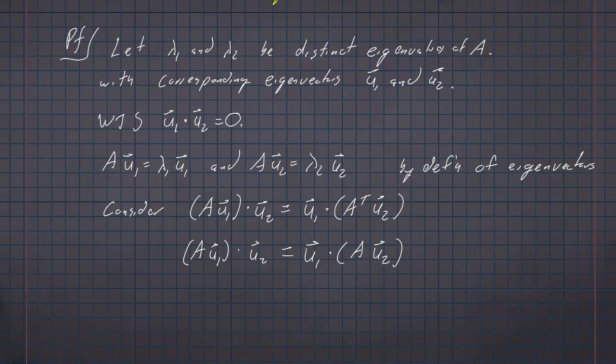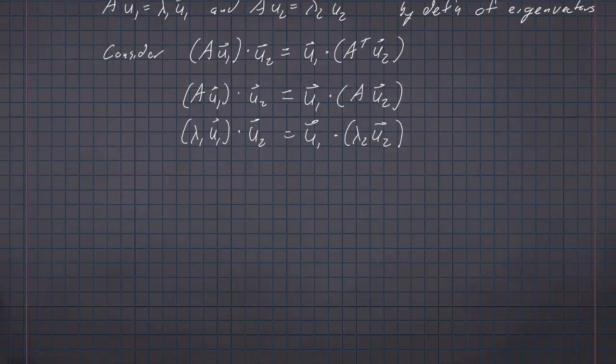Now from here, because U1 and U2 are eigenvectors, we have that lambda 1 U1 dot with U2 is equal to U1 dot with lambda 2 U2. And in the Euclidean dot product, and really in any inner product, you can pull out constant factors.